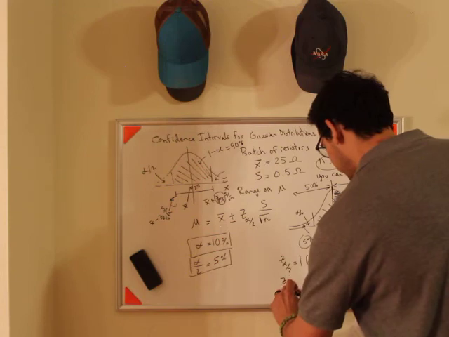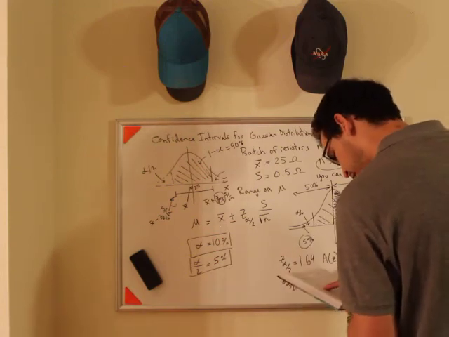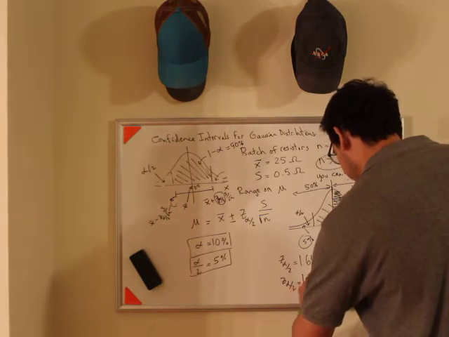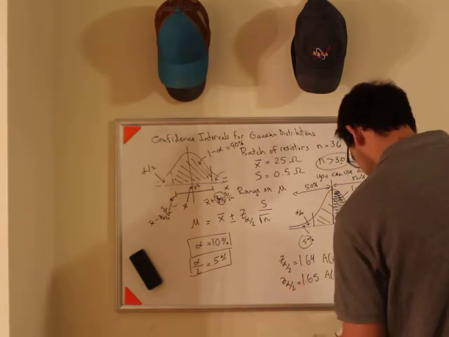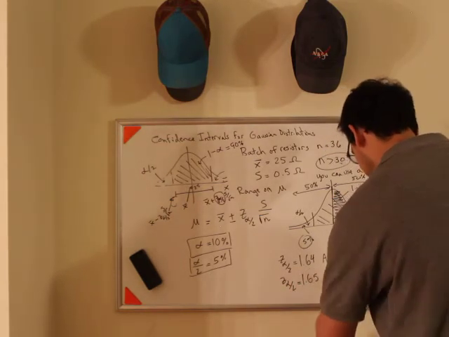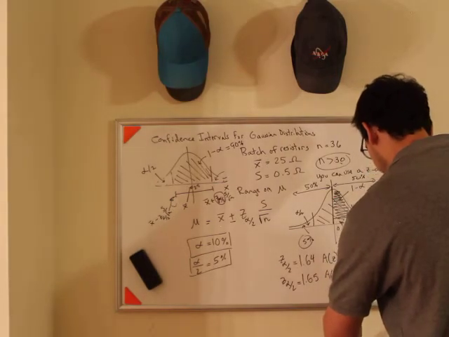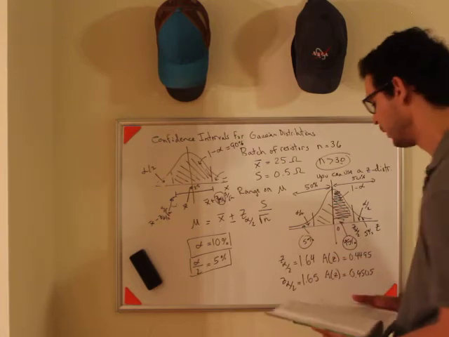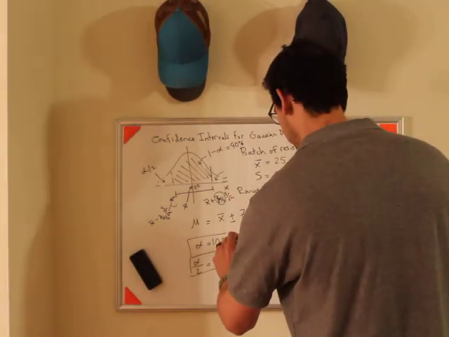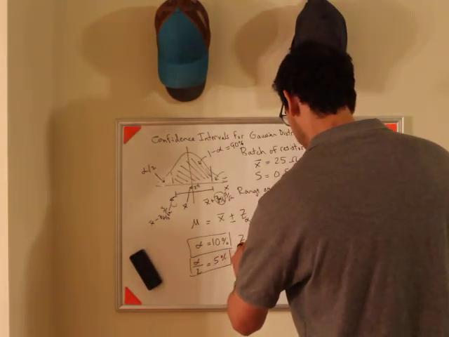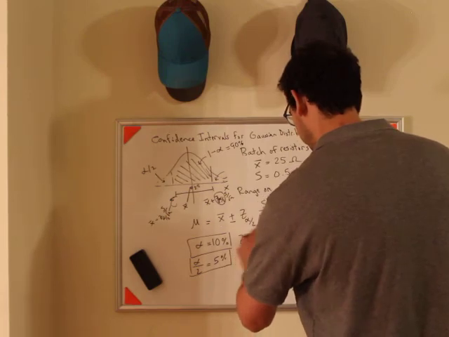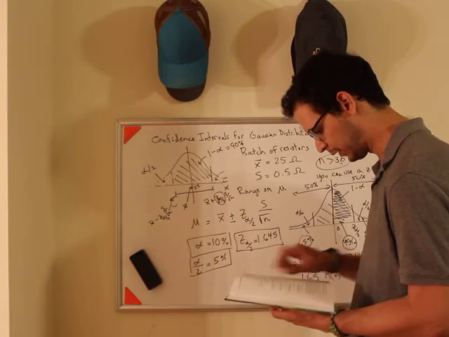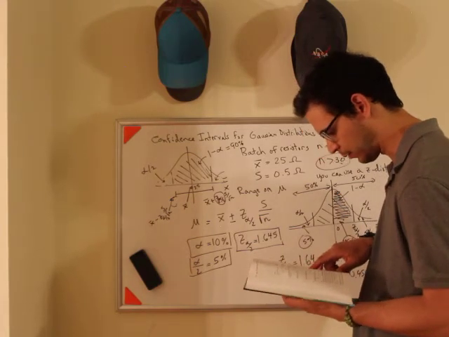Then z alpha over 2 equals 1.65, and the area of z equals 0.4505. So the z alpha over 2 that I'm looking for is in between here and here. So I'm just going to pick 1.645. That's my z alpha over 2. The book says they got the same thing I did.